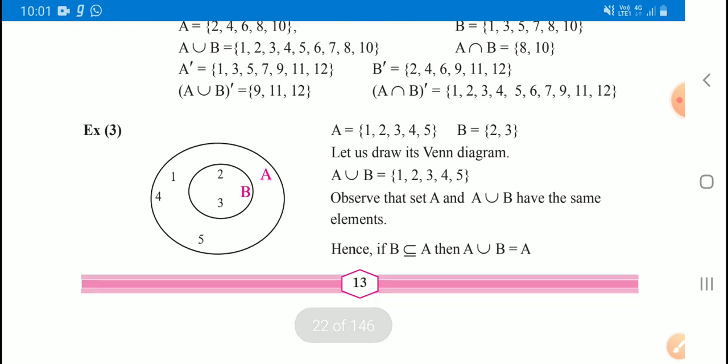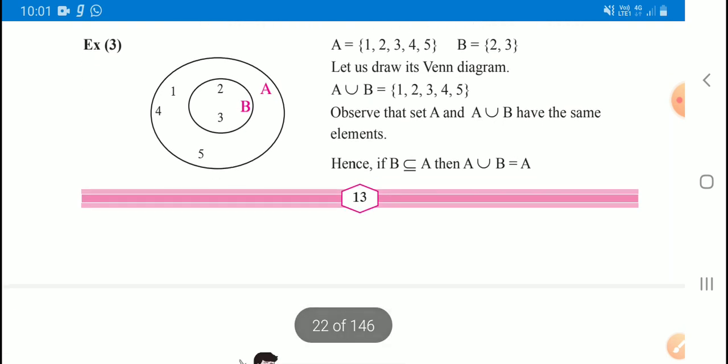Observe the sets A and B. A union B has the same elements as A. Hence, B is a subset of A, which means all the elements of B are in set A. So B is a subset of A. Then if we take the union A union B, we will get the set A.